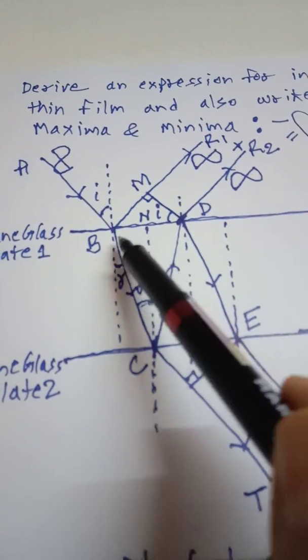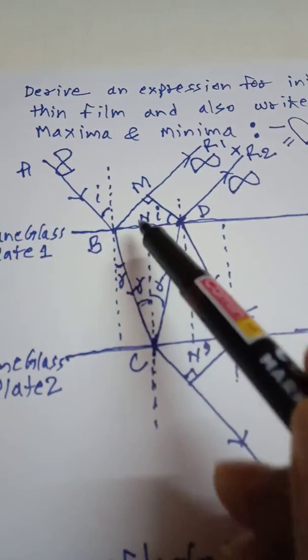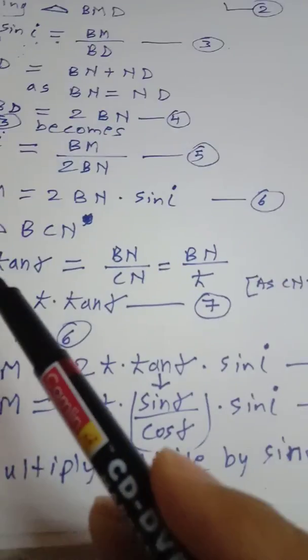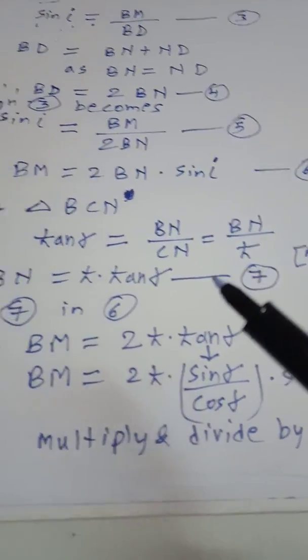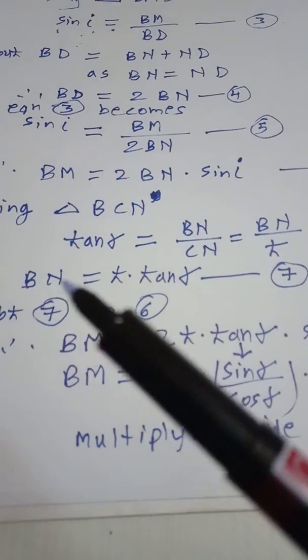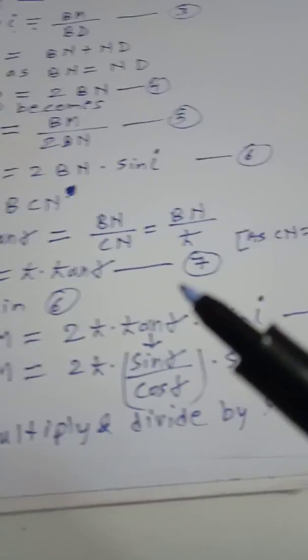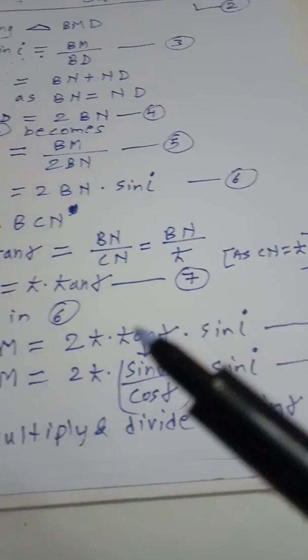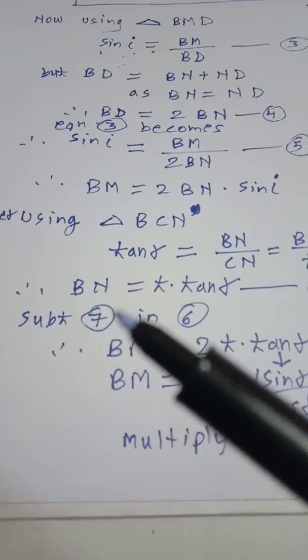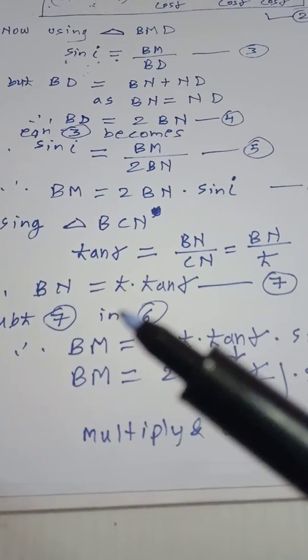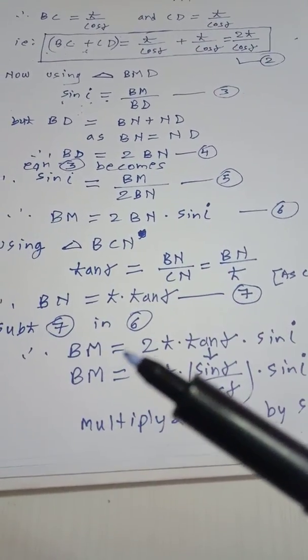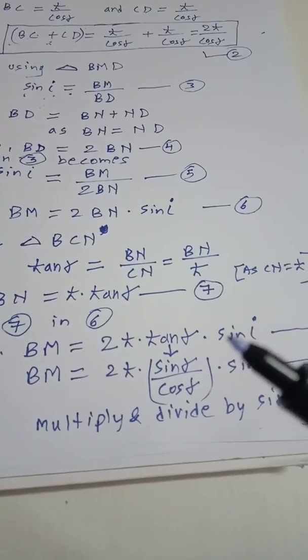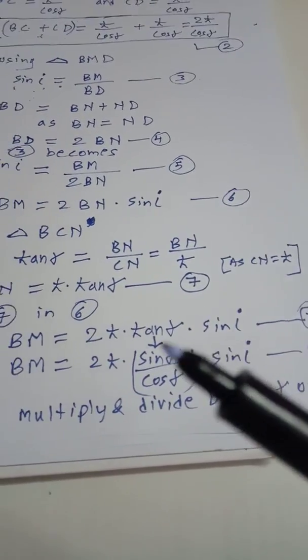So tan r is equal to BN upon CN, and CN is t, so BN upon t. Therefore BN will be t into tan r, equation number 7, as CN is equal to small t. Substitute 7 in 6, so BM is 2t into tan r into sin i.